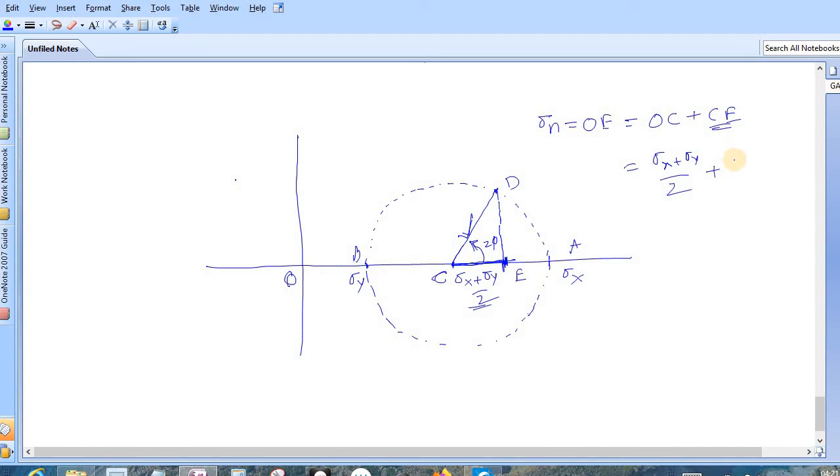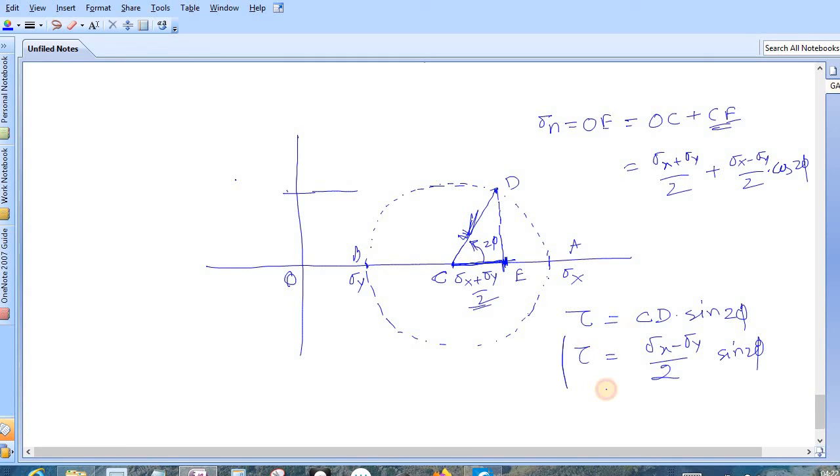CD is sigma x minus sigma y by 2, cos component, cos 2 phi. Clear? And what about this shear stress? Shear stress is the sine component of this hypotenuse CD. So tau is coming as CD sine 2 phi, or sigma x minus sigma y by 2 sine 2 phi. Clear?